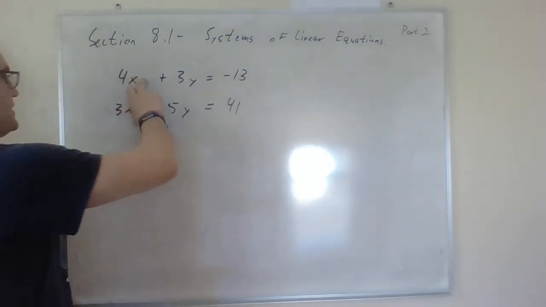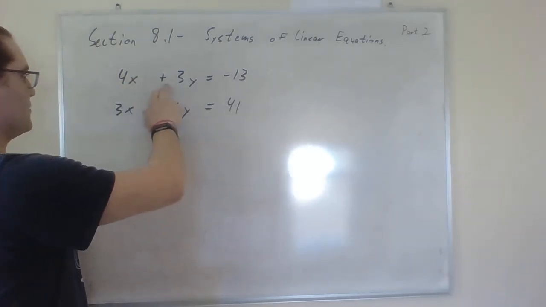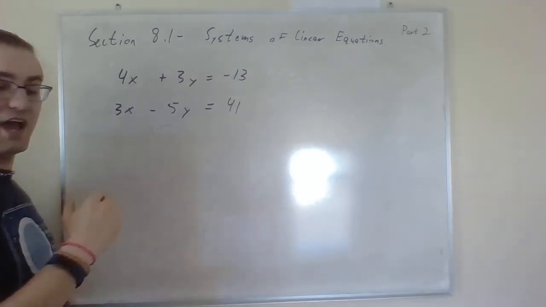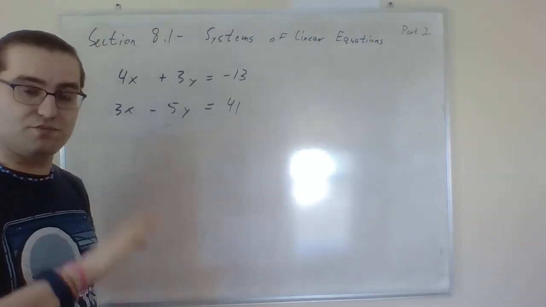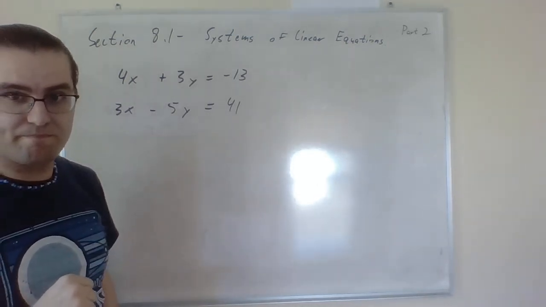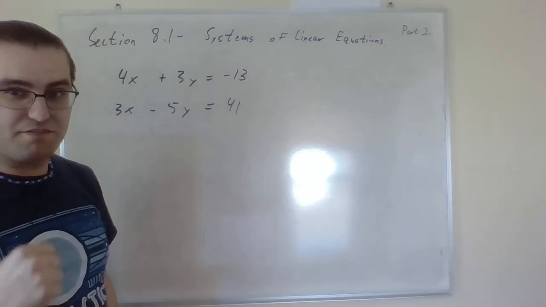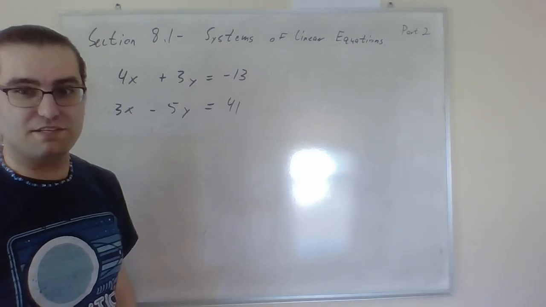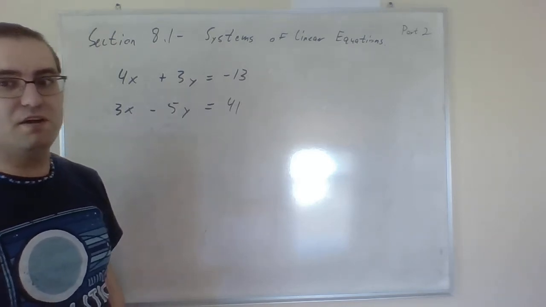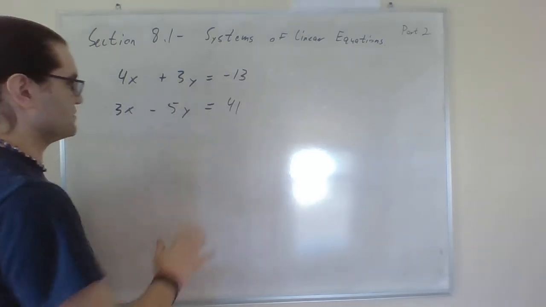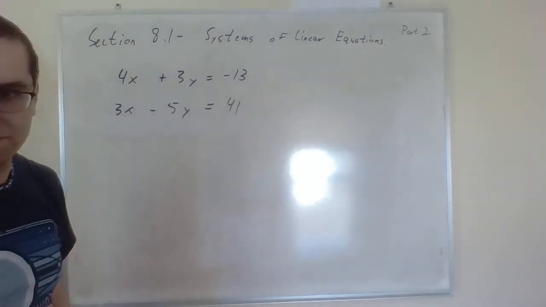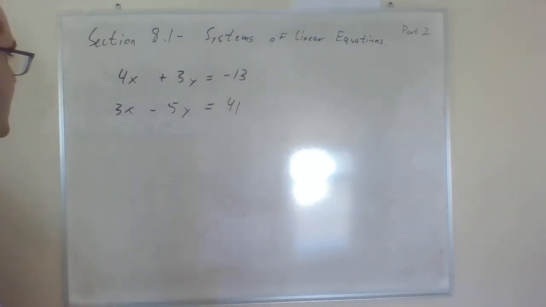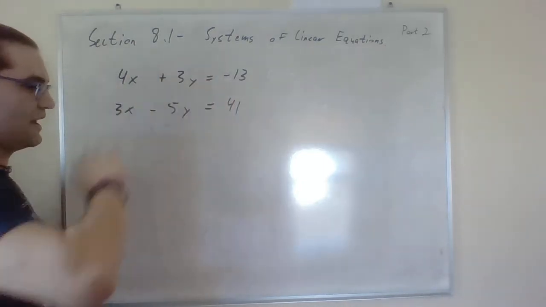Students might try to eliminate the x's by multiplying the top one by 3 and the bottom one by 4, and then subtracting the two equations instead of adding them. You can do that if you're very, very careful, but I would advise against it. I see students mess that up all the time, where they're trying to subtract one equation from another and they just drop a negative sign or forget that they're subtracting halfway through and start adding things.